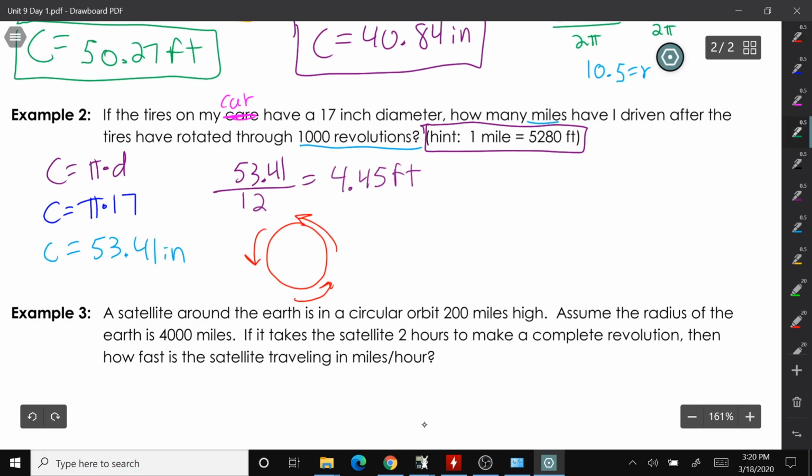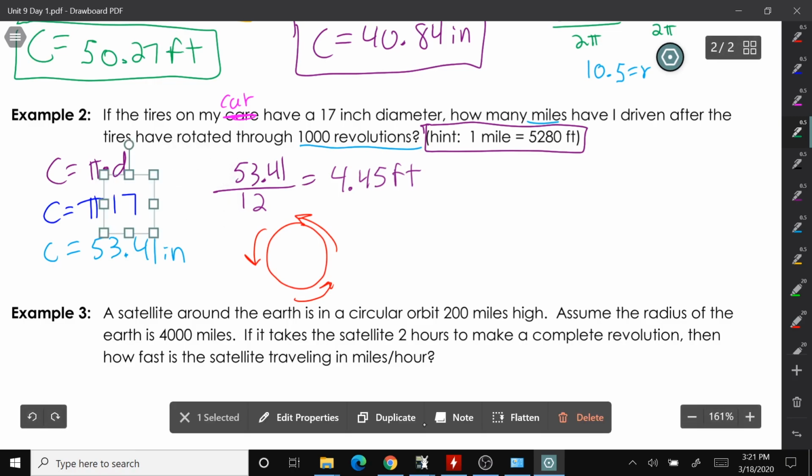Now, we want to know how far this has gone in 1,000 revolutions. So what we're going to do is take this number, 4.45, and multiply it by 1,000. So 4.45 times 1,000.